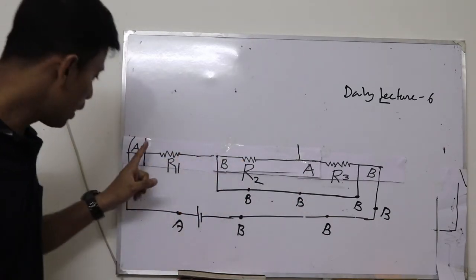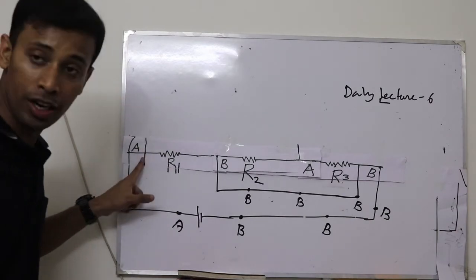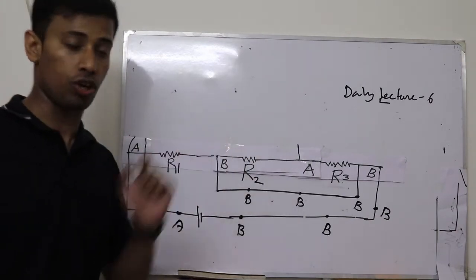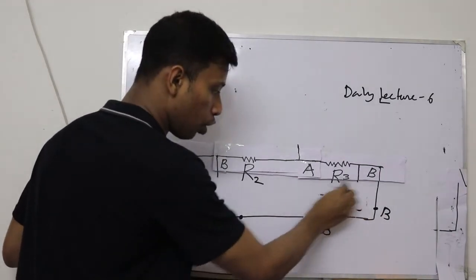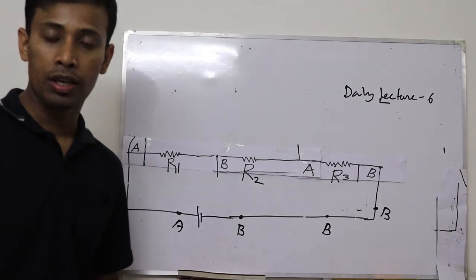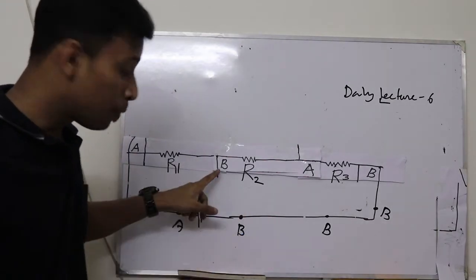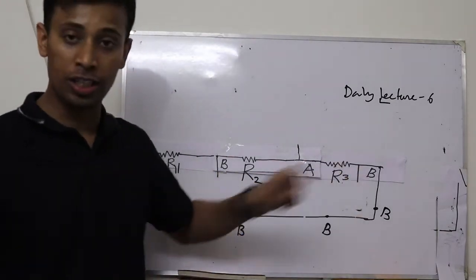I know there is a short, and because of it this point is A and this point is also A. And I'm now also erasing the other short. Because of this short, this point is B and this point is B.